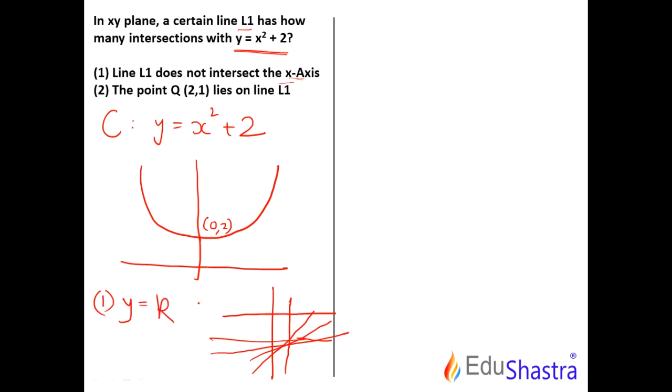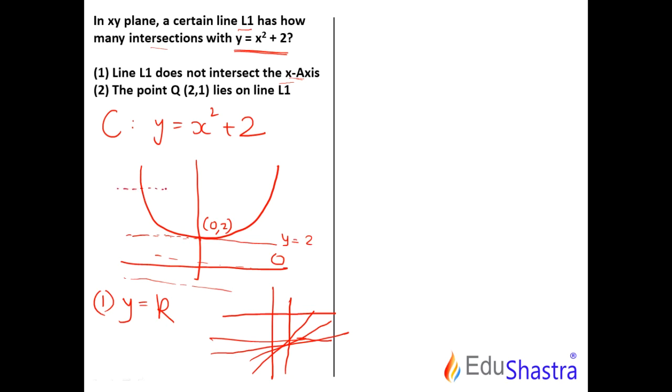So now, as such lines are drawn, you will see that you can have different intersections of such a line with this given parabola. Reason being, if this line lies here or here, it will not have an intersection, it will have zero intersections. If this line is y equals 2 itself, which is passing through the vertex of the parabola, then it will have exactly one intersection.